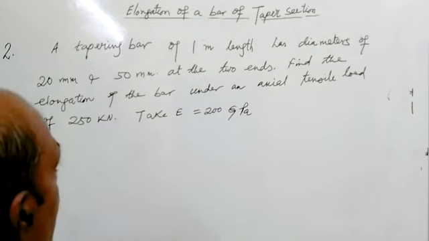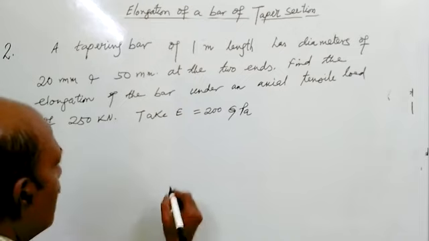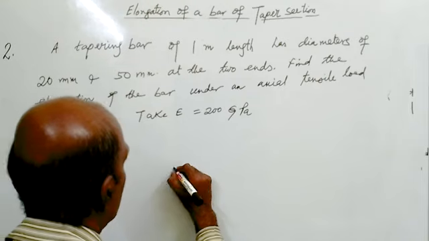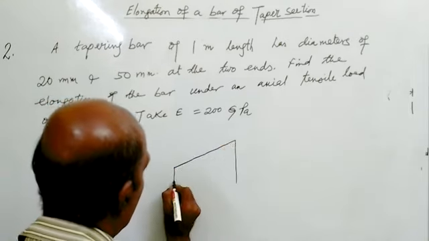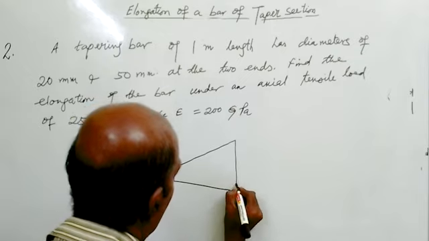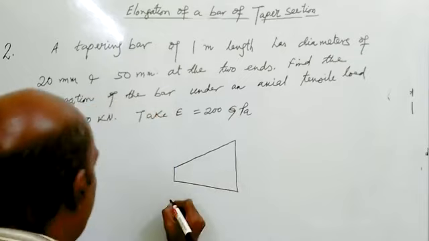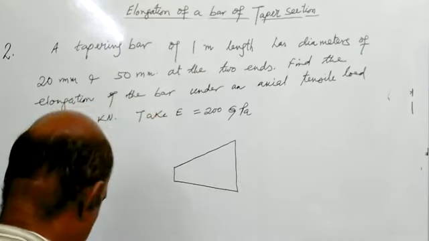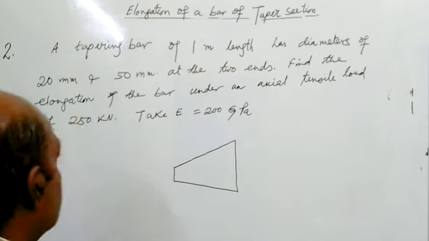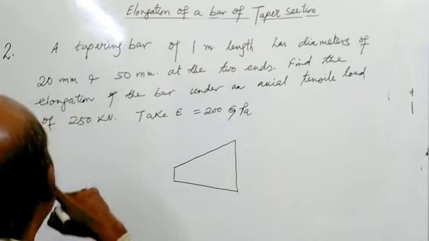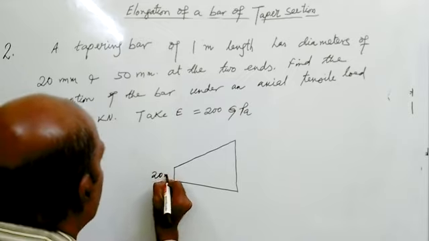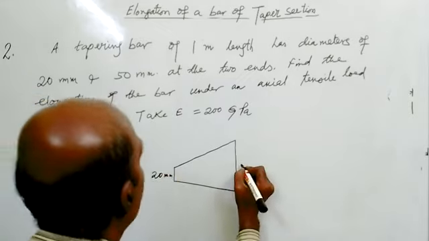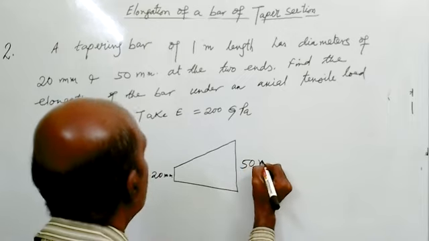So a taper bar of 1 meter length. Now draw this taper bar. This is a circular taper. Length is given as 1 meter. One end in diameter is 20 millimeter and the other end in diameter is 50 millimeter.